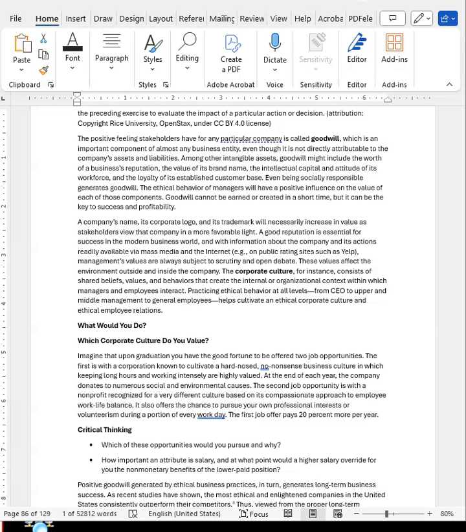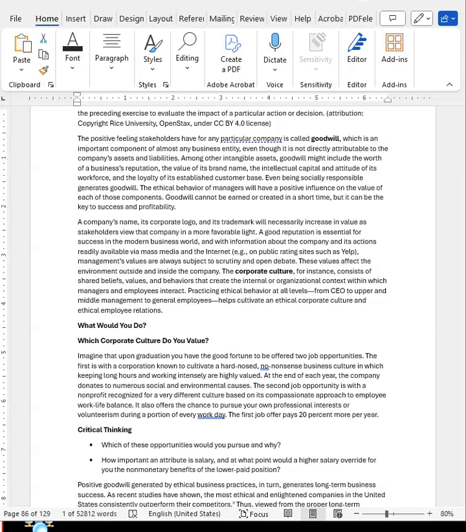The positive feeling stakeholders have for any particular company is called goodwill, which is an important component of almost any business entity, even though it is not directly attributable to the company's assets and liabilities. Among other intangible assets, goodwill might include the worth of a business's reputation, the value of its brand name, the intellectual capital and attitude of its workforce, and the loyalty of its established customer base.